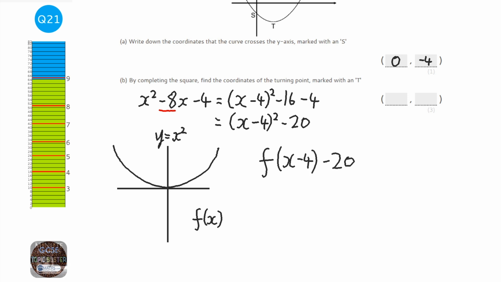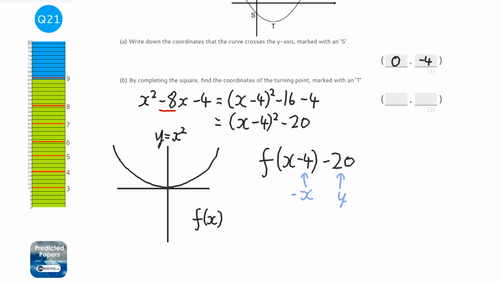So think about functions. What do the bits do? Well, anything in here moves it in the opposite direction on the x-axis. So -4 would move it 4 to the right, and anything out here will shift it on the y-axis, and actually it will be in the correct direction. So anything inside the bracket affects the x in the opposite direction, and anything outside the function will just affect the y.